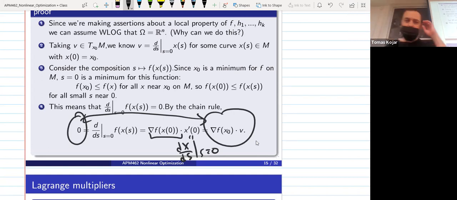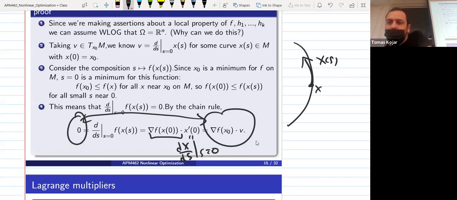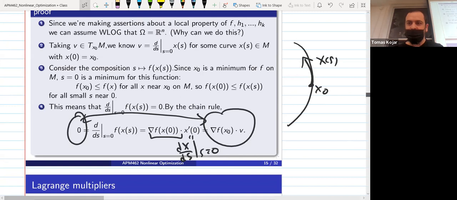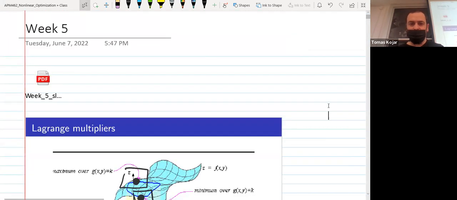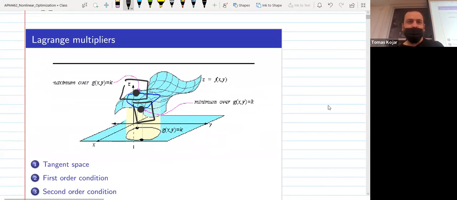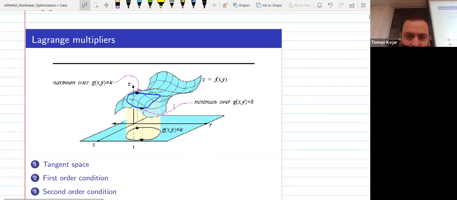Okay, so what's the intuition? The intuition is locally, you have this curve x of s, and you should go back to the surface. So let me go back to that example. It's a nice example. So I will copy it and put it there.